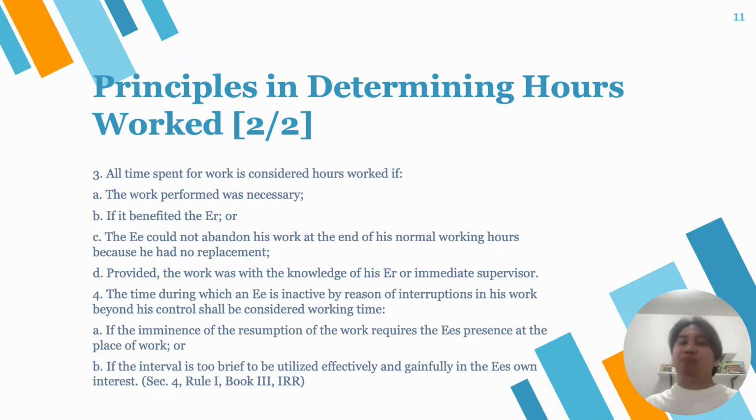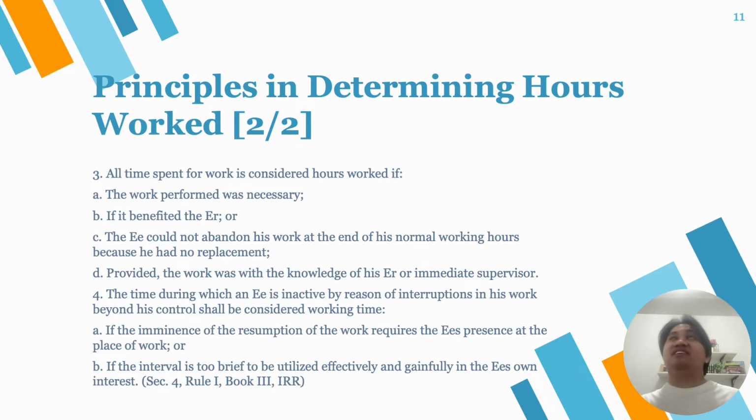Say, for example, there's a power interruption. That's basically out of the control of the employee. But there is an imminent possibility that the work will resume because the power will return sooner. So you were asked to stay in the workplace. So the time spent waiting in the workplace for the power to come back, that's still hours worked.